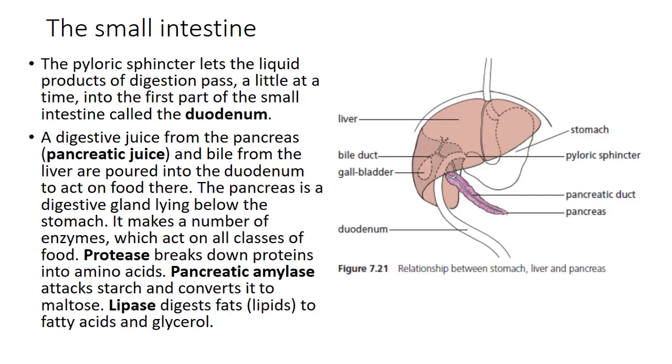Starch, if you remember, is a polysaccharide, and pancreatic amylase will digest that starch into maltose, a disaccharide. There are also lipids, which are digested with the help of bile.